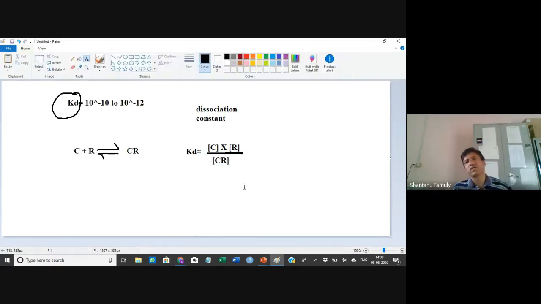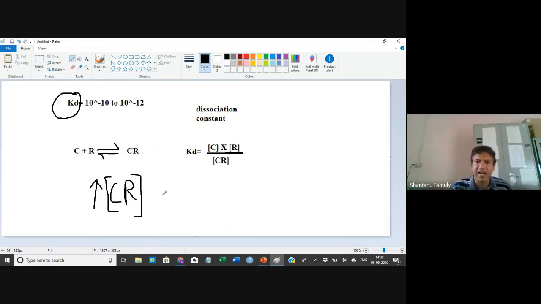Now you see what it indicates is that the KD value will be less when CR is high, because CR is the denominator. So when you have a high concentration of CR, this indicates that the cytokine has high affinity for the receptor.